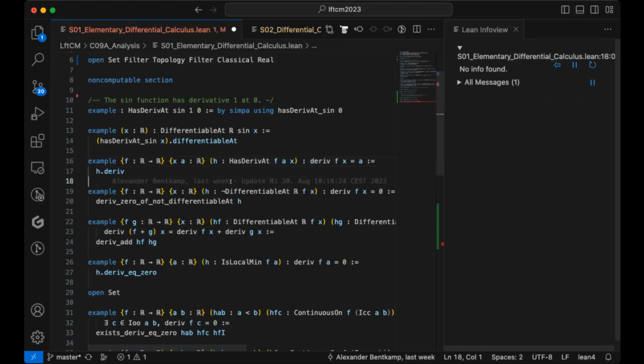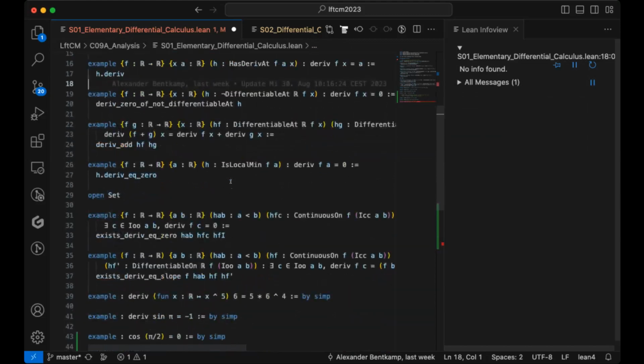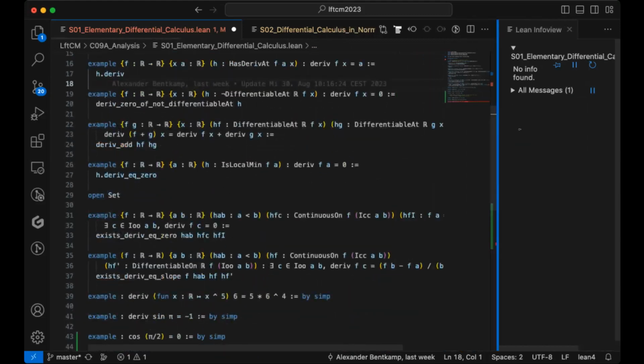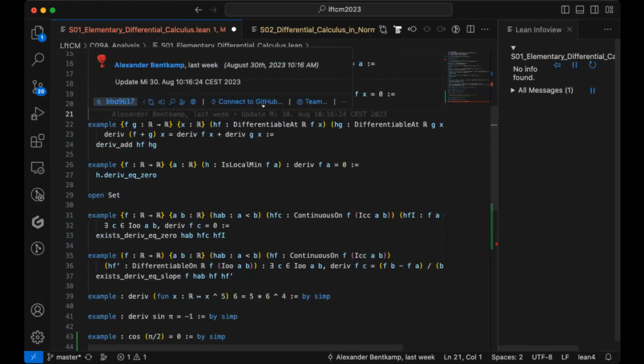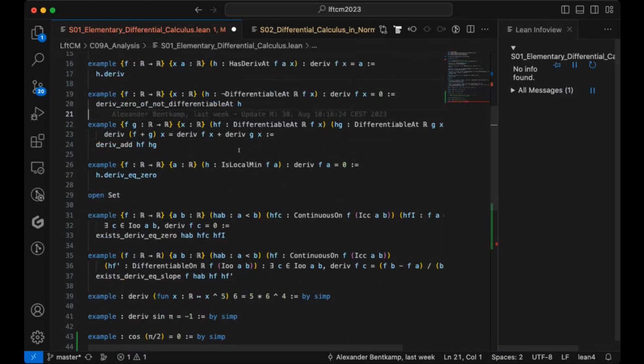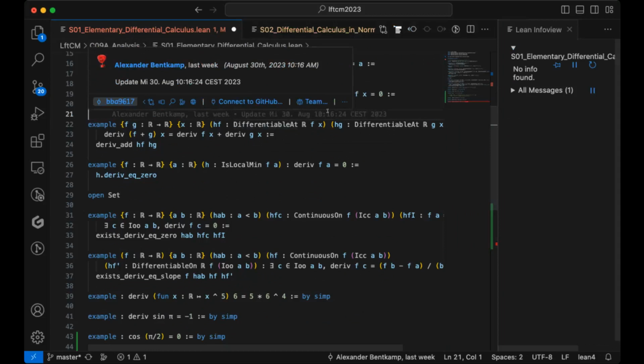So we can talk about the derivative of a function when we have this derivative function, and here we have some examples exploring the API. These are telling you properties that we read in the doc string for the derivative. The example on line 19 is saying, if the function is not differentiable, then the derivative is indeed 0.